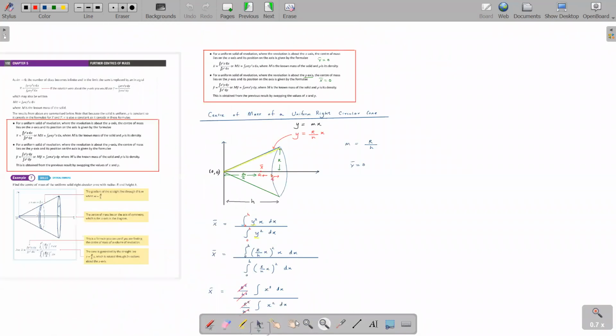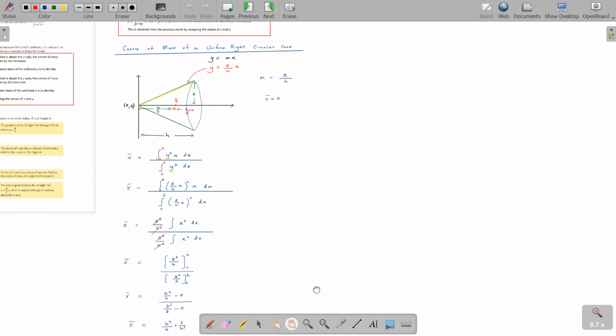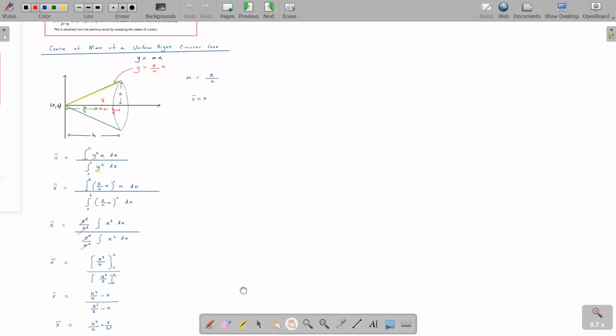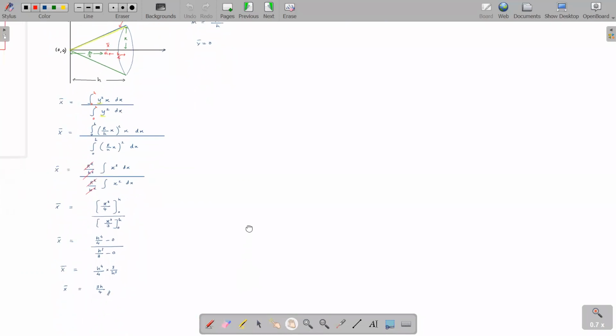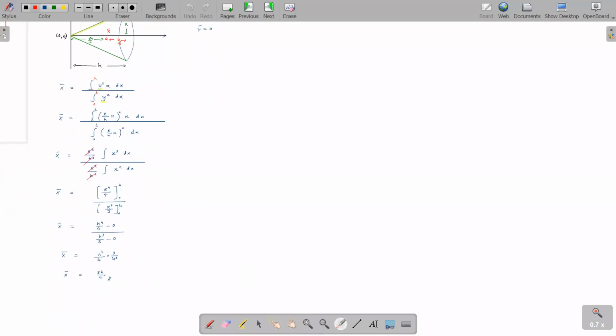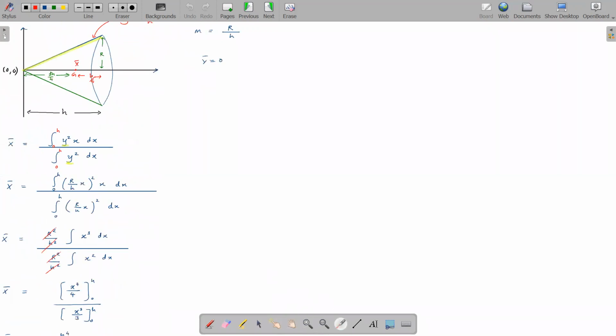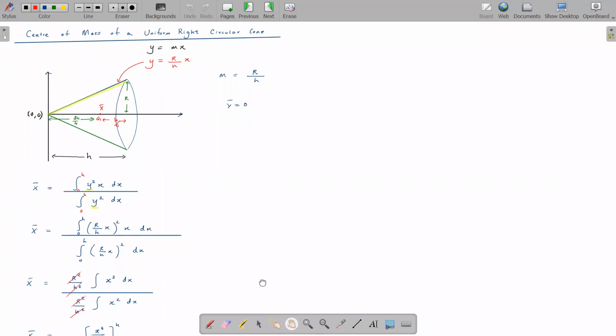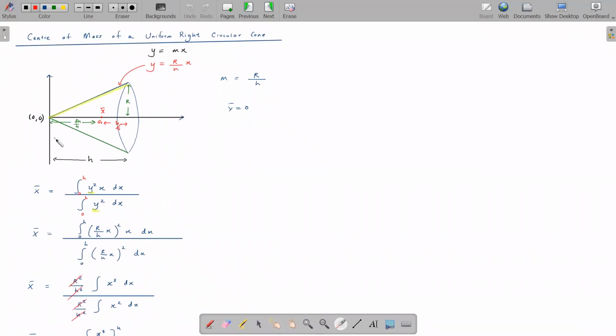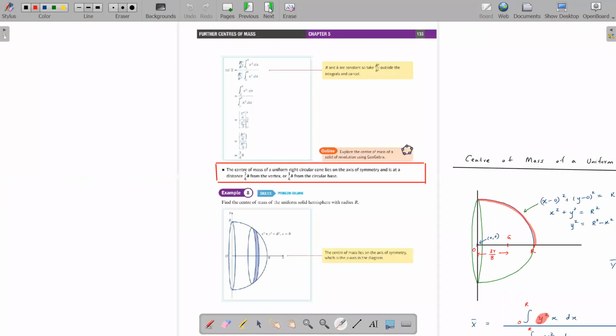Center of mass of a solid right circular cone is given here. It's 3h over 4, a distance measured from the vertex. Unless they ask you to do the proof, you don't need to do this proof. You can directly use the result.